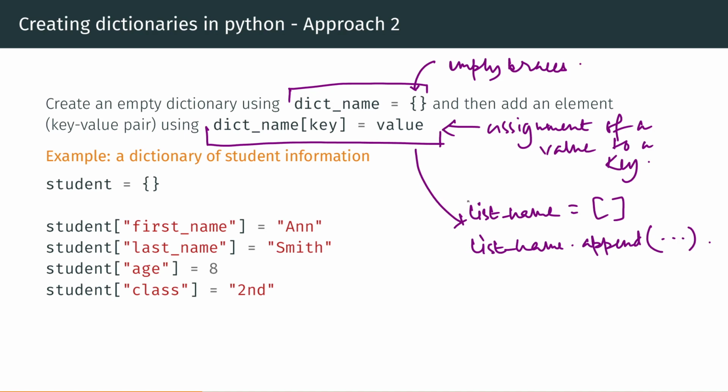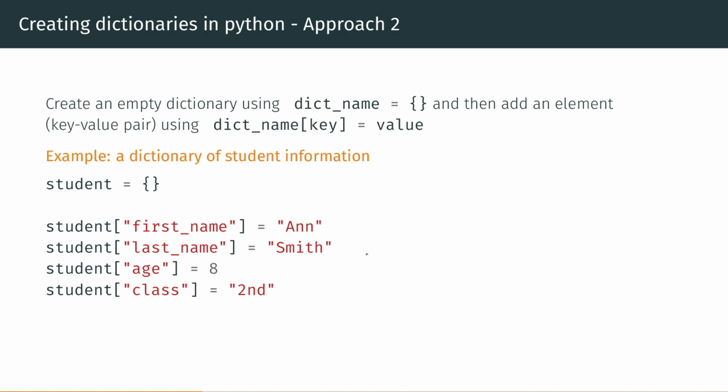This method of inserting elements into a list would be more similar to this method, but instead of the dot append as we do in lists, in the case of dictionaries you can use the square bracket notation like you do in lists. So in this example right here, you start with an empty dictionary.